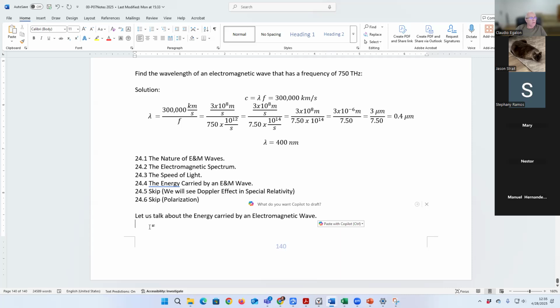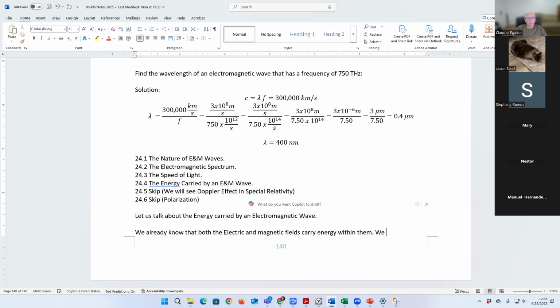Energy carried by electromagnetic wave. We already know that both the electric and magnetic fields have energy, carry energy within them.